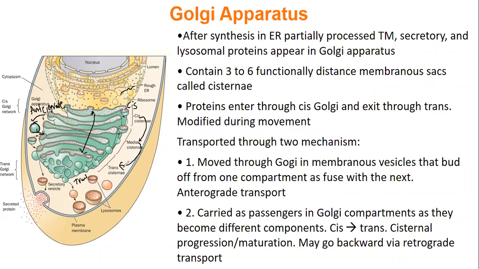It's like a conveyor belt. So if I'm just in the cis and I get carried all the way to the trans without budding off, that's called cisternal progression, or it's called cisternal maturation.